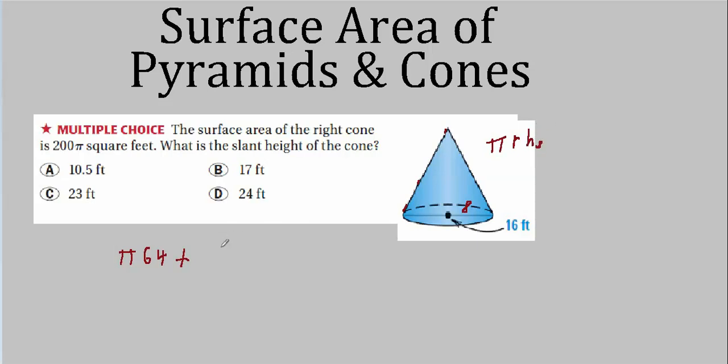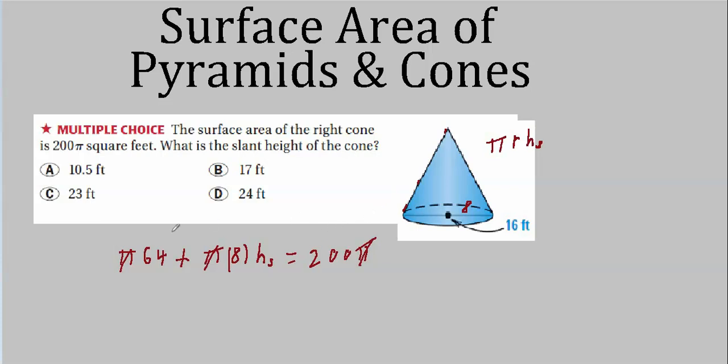Well, that's pi times r again, which is 8, times slant height, which we don't know, and that's 200 pi. Well, I think the first thing we should do is divide through by pi and get rid of all these pi's.